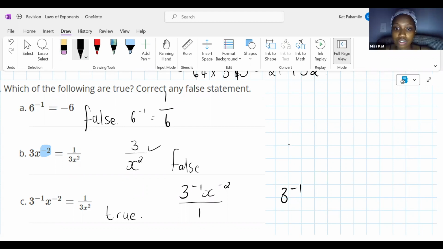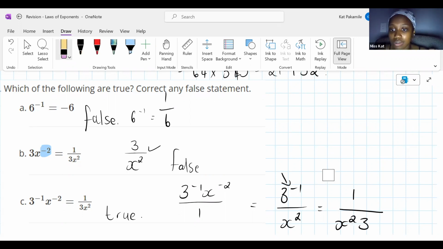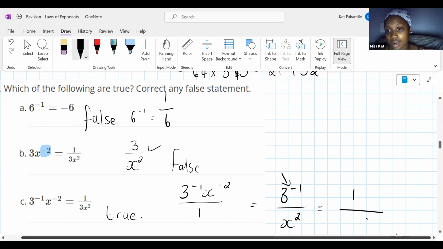The x goes down, it becomes positive. And then from here, we still have a negative exponent. So what's left at the top? It has to be 1. It can't be 0, because then you're going to annihilate and cancel this whole equation. So it's going to be 1 over x squared, 3. Well, we'll swap them around. Don't write them down, that wasn't a good idea. 3x squared. Do you understand now?